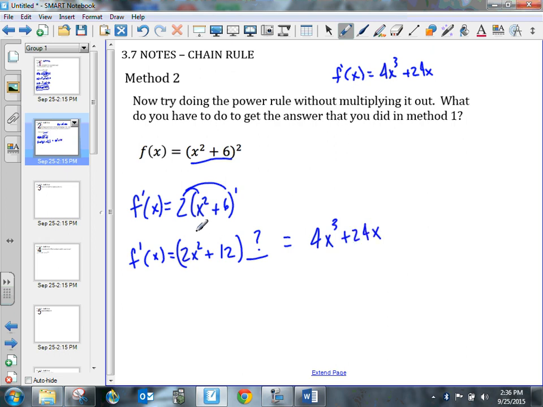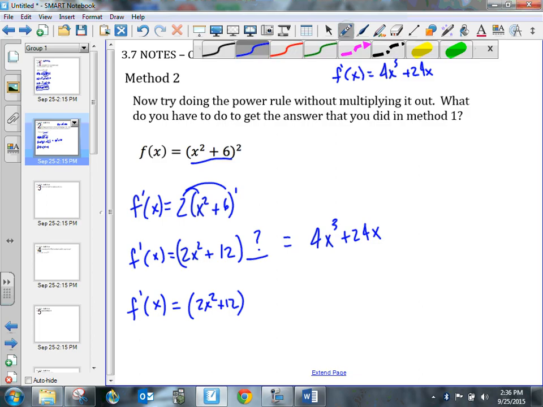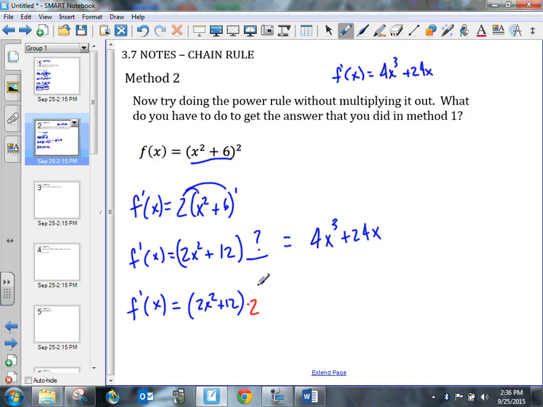So what I see, to get from 2 to 4, I'd have to multiply by 2. To get from 12 to 24, I would have to multiply by 2. So if I took my derivative here, and I wrote this as the quantity 2x squared plus 12, I ultimately need to multiply by 2. So I'm going to multiply that whole thing again by 2.